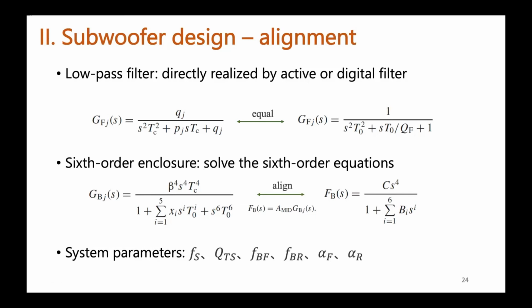And then we can solve the system parameters, including, in Thiele-Small form, the driver resonance frequency and total quality factor, and the Helmholtz resonance frequency of the cavity tube. And the compliance factor is the ratio of the acoustic compliance of the driver to the box volume.